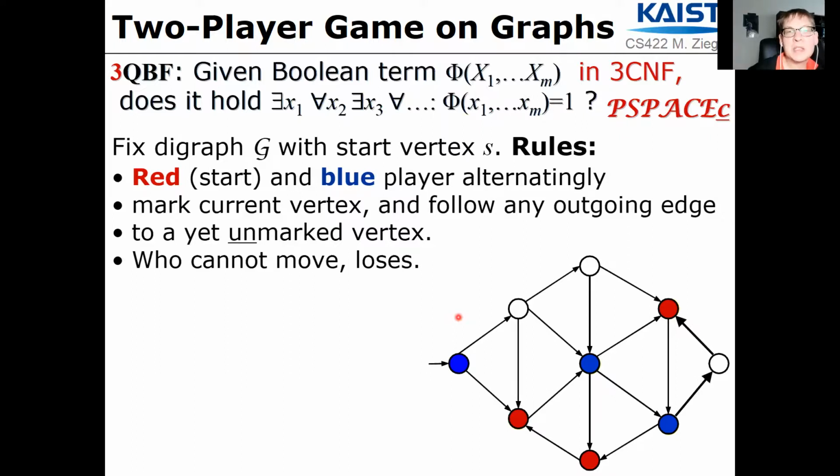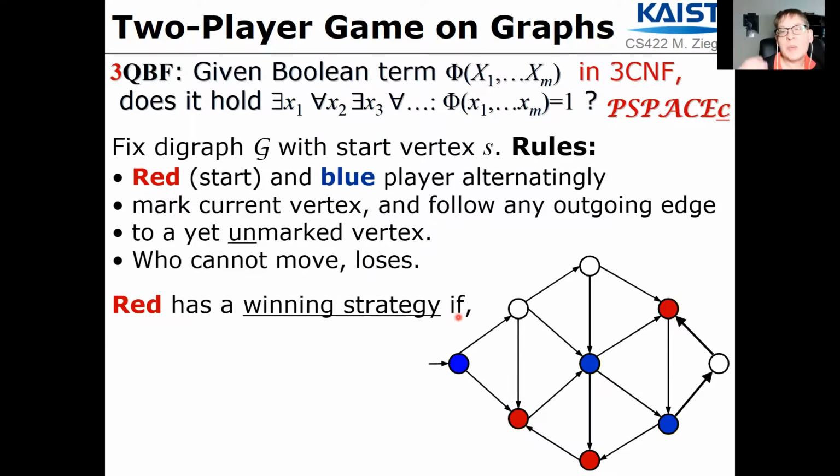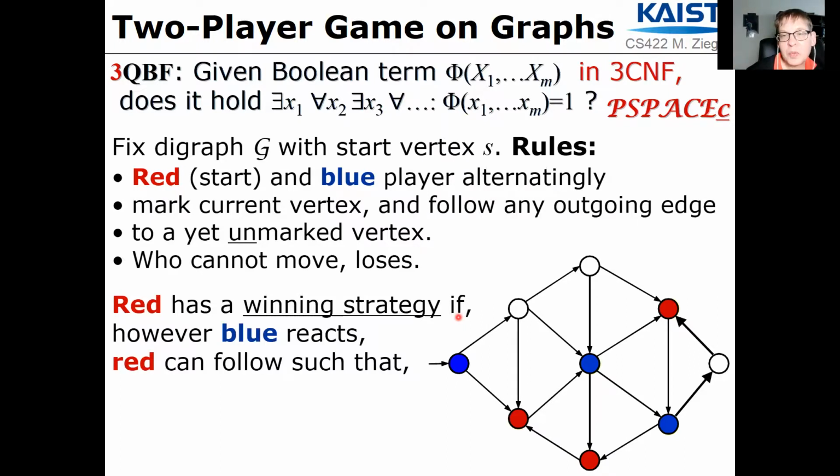And you can imagine this game for any possible directed graph with designated start vertex, right? And we say that red has a winning strategy if, however blue reacts to red's move, red can follow up with a move so that however blue reacts, red has another follow-up move, so that however blue moves, red has another follow-up move, and so on until in the end blue loses. That is a winning strategy for red.